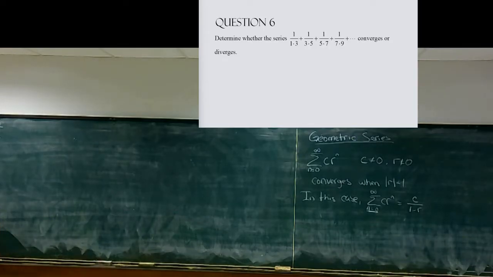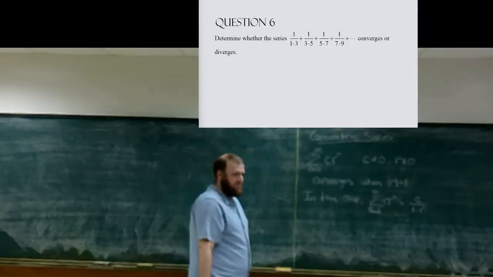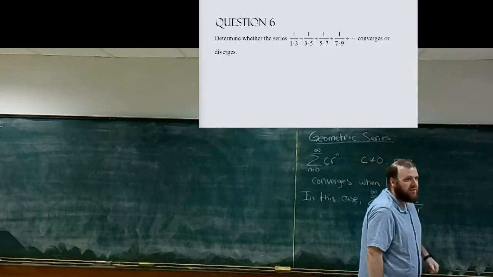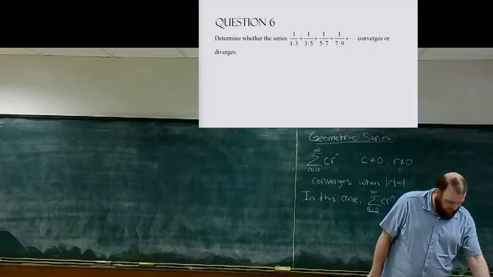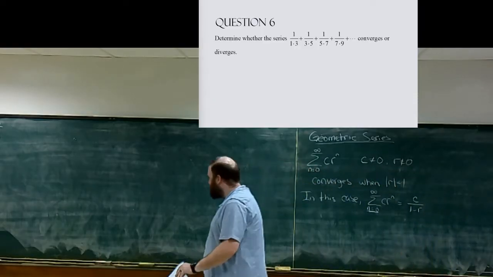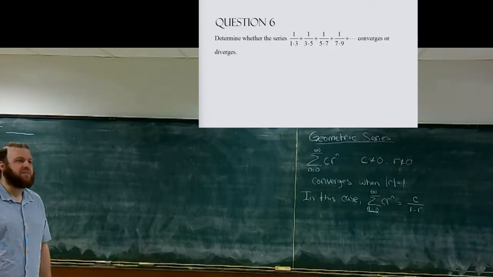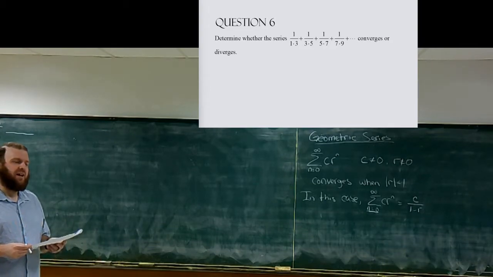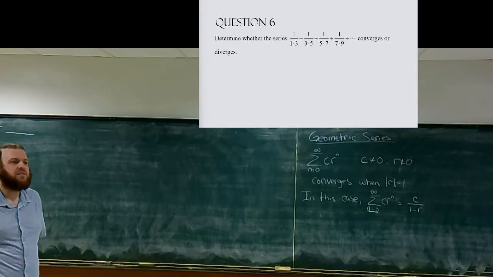Yes. They're nice enough to actually write it that way instead of 1/3, 1/15, 1/35, 1/63. I would say, is it maybe 1 over n times n plus 2? What's the problem with that? Or n times n plus 2, you're also going to get evens. For the n equals 2 term, that would be 2 times 4.